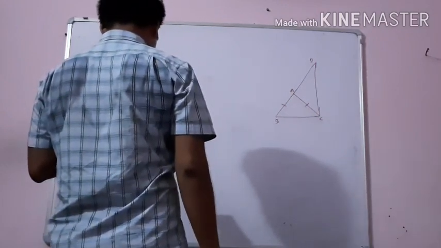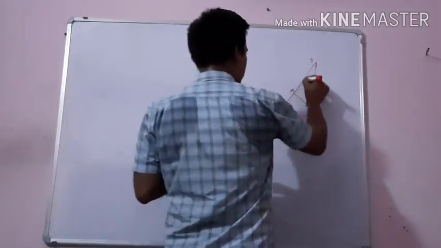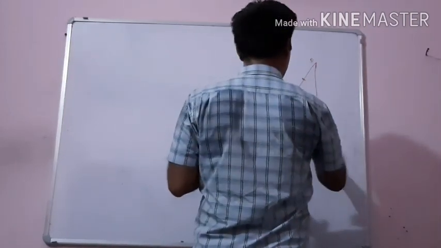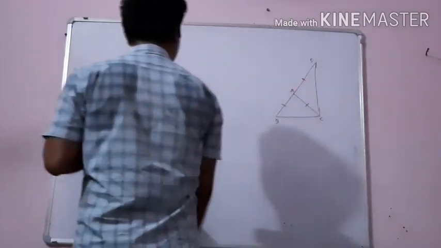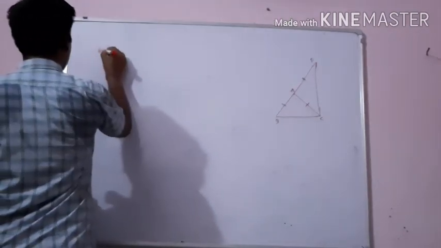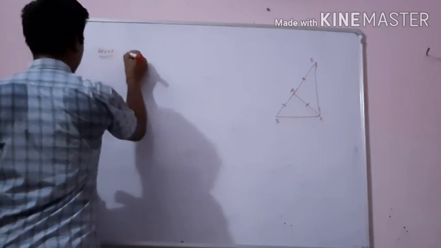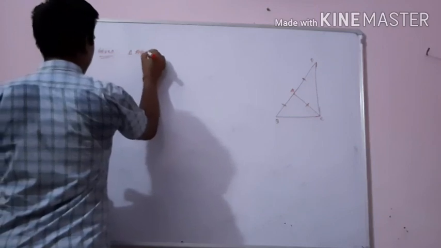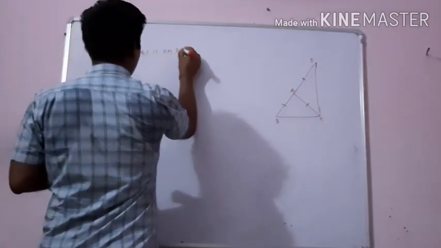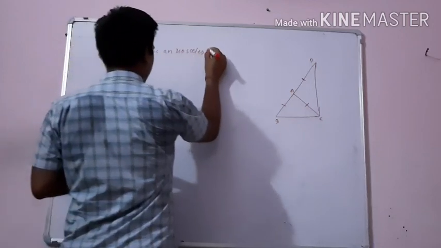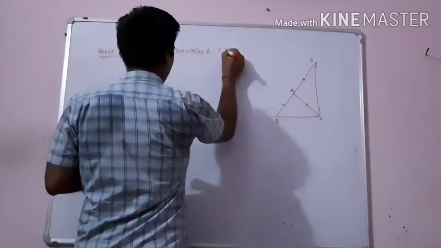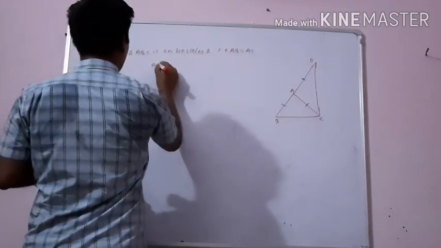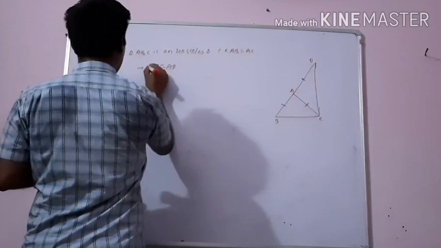Such that AD equals AB. Now this side is equal to this side. So that angle BCD is 90 degrees. So what is given? Given, you write triangle ABC is an isosceles triangle, that is AB equals AC, and AB equals AD. That is the second point.